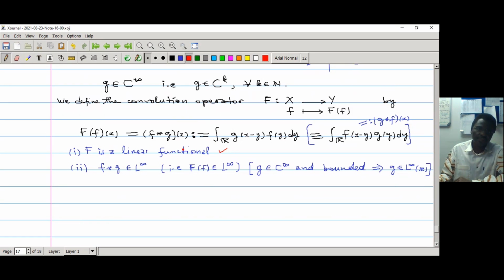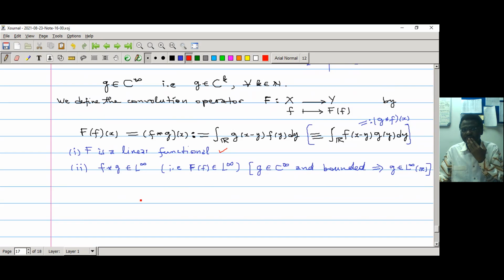Functional just means that it is from... functional. Linear mapping, generally, when you say linear mapping, it's between vectors.